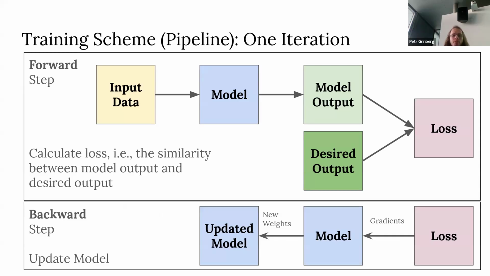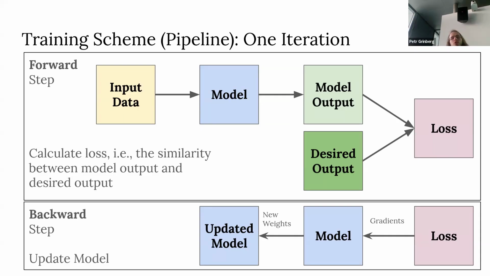So let's look at one iteration. You have input data, you have your model, and your model returns some model output. And you have your desired output, this Y. Given your model output and desired output, you can calculate some measure of similarity between them. For example, you want your model to generate dogs, but it generates cats, so you will have a high loss saying that a cat is not similar to a dog.